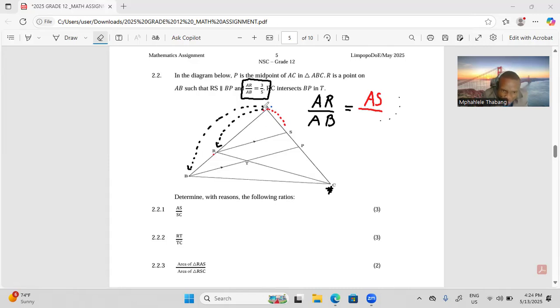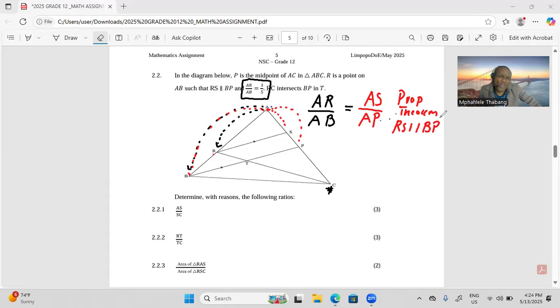AB is this long distance from A to B. So now I'm going to take the long distance from A to P. So I will say AS over AP. And I have to give a reason why I'm saying AR over AB equals AS over AP. My reason is the prop theorem, the proportionality theorem, and you have to state the parallel lines. RS is parallel to BP.